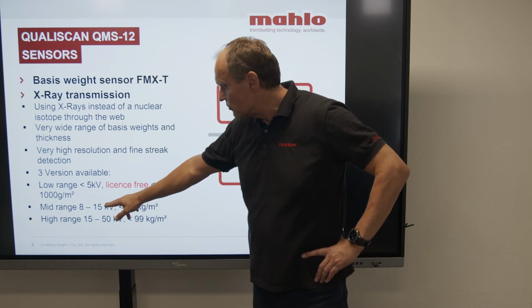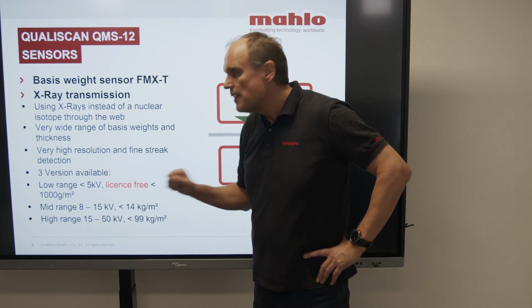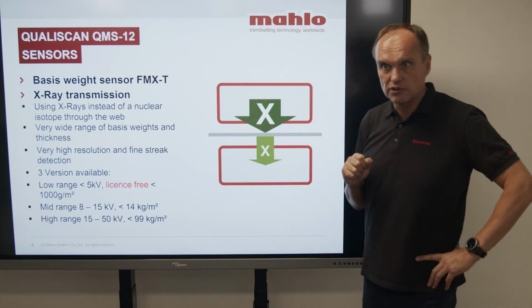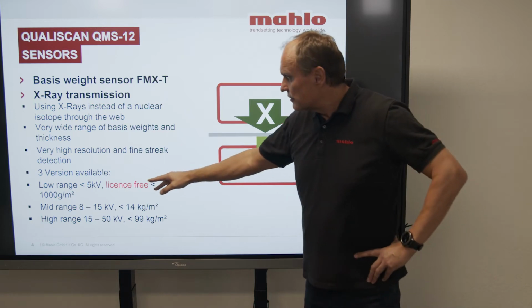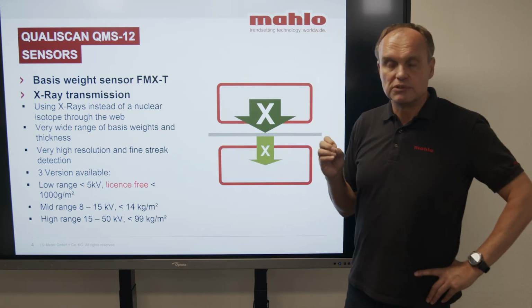Another stronger one goes up to 15, and the strongest one up to 50 kilovolt of energy. And the very interesting thing is that the small one with 5 kilovolt is license-free in most parts of the world. That means no radiation safety officer, no approval from the government, no special requirements for importing the sensor, or even depositing the sensor when it goes out of operation.